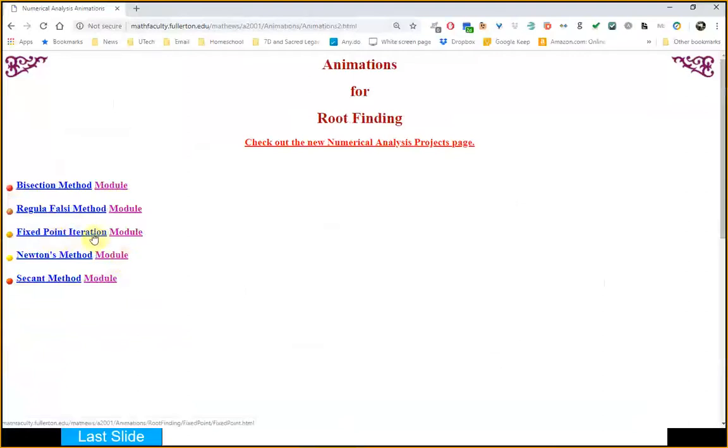So fixed point literally cannot be a subset of root finding. You have a root finding iteration different from fixed point iteration. But I'm just saying it again. It's kind of just been a convention or a tradition to call all of it root finding. All right. So here's a bisection method. It's going to be repeated over and over again.